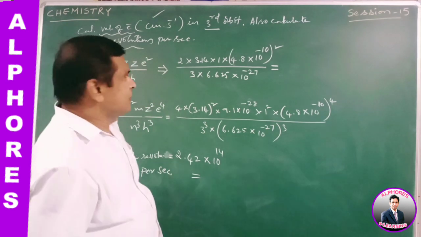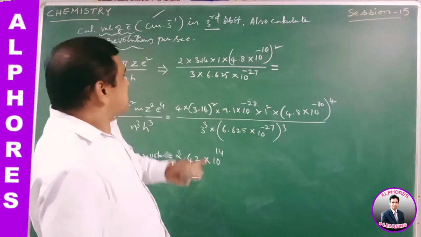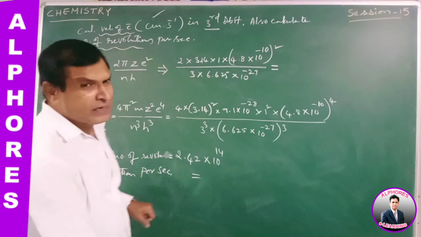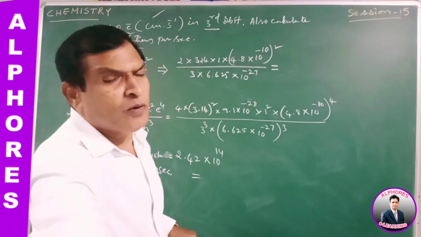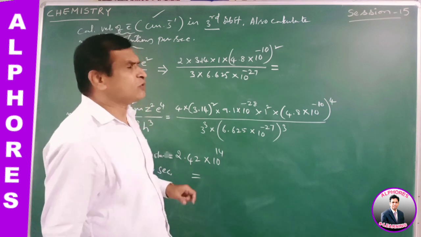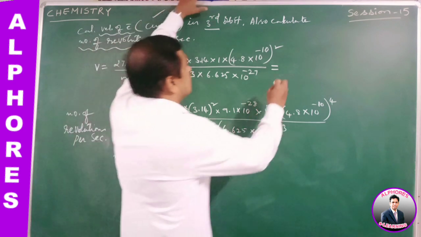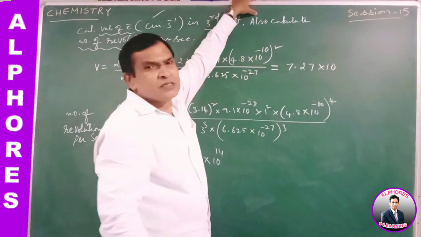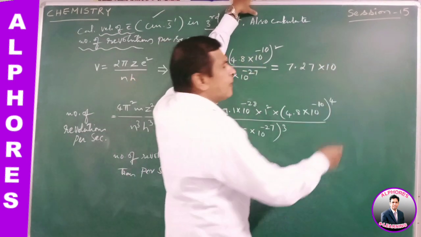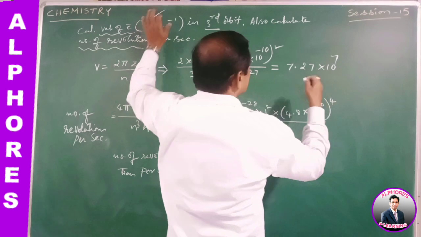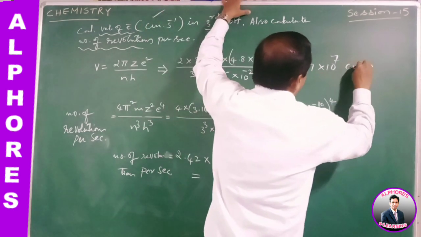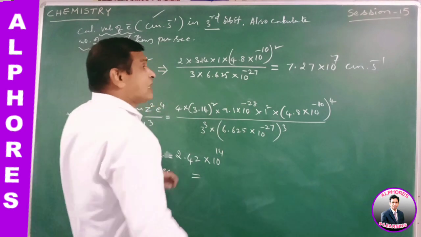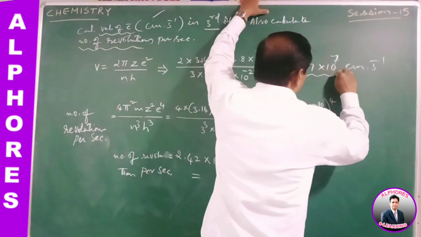And the simplification of the other expression is the velocity of the electron in the third orbit of the hydrogen atom, that is 7.27 into 10 to the power 7. He is asking for centimeters per second. That is the velocity of the electron in the third orbit of hydrogen.